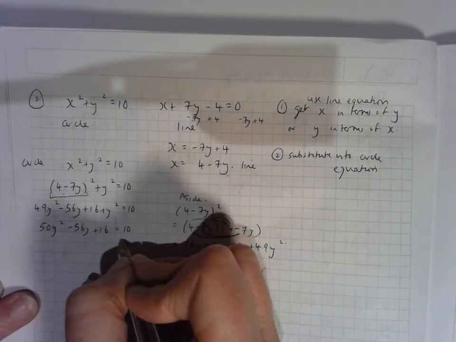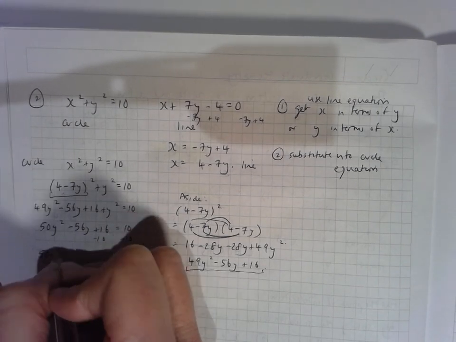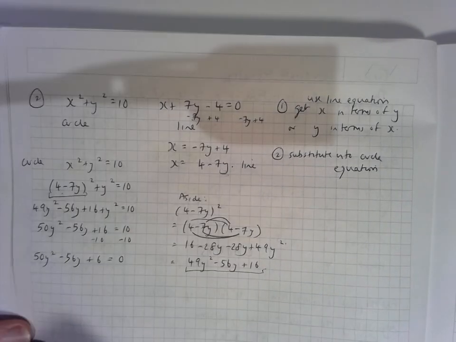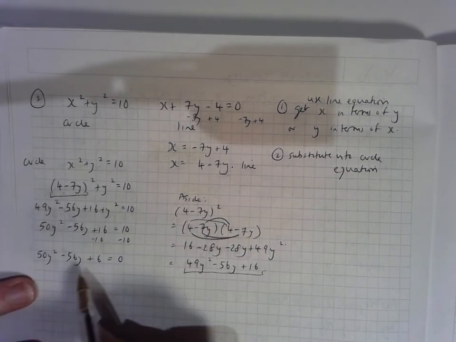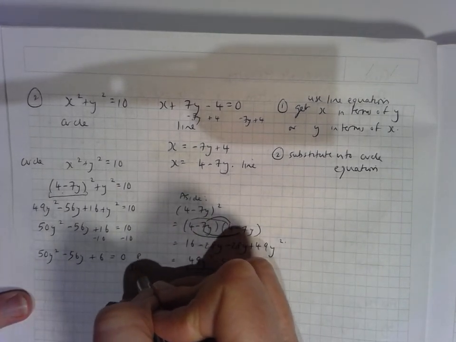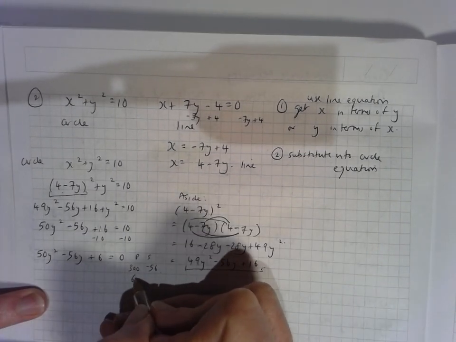I'm going to try and get it so that I've got 0 on the right hand side. 50y squared minus 56y plus 6 is equal to 0. And now I'm going to try and factorize that. Actually, it does look quite easy because my product number is 300 and my sum number is minus 56. So that's 50 and 6, isn't it?